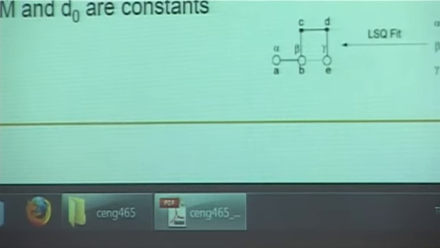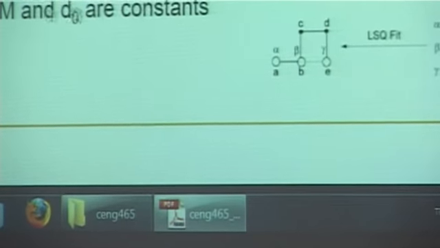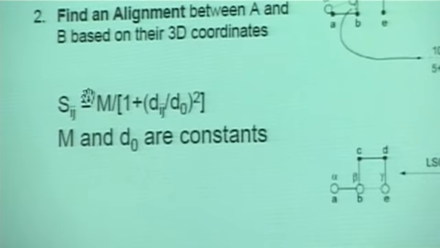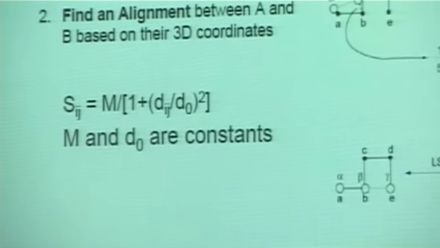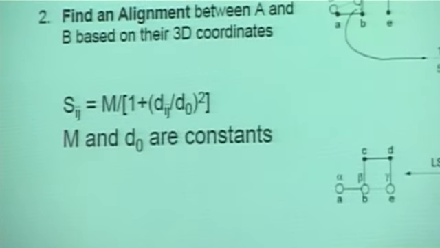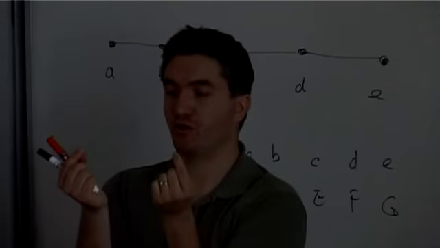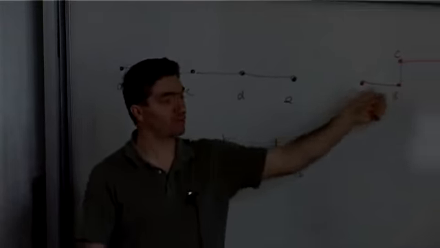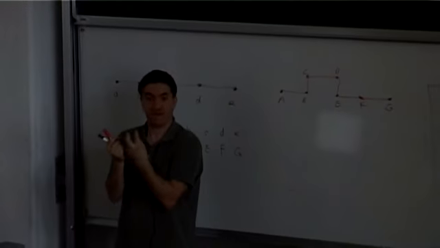And the score takes into account the real distance between I and j residues, but there are also certain constants which convert the distance to a score. In other words, after the superimposition, when two residues are exactly on top of each other, they are very close.